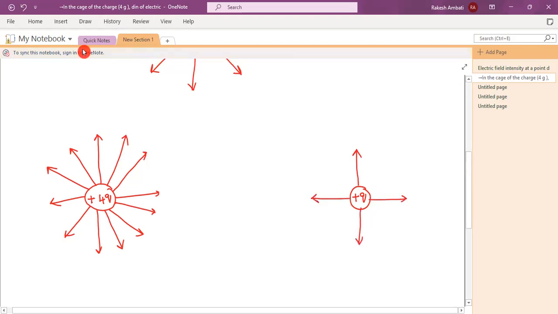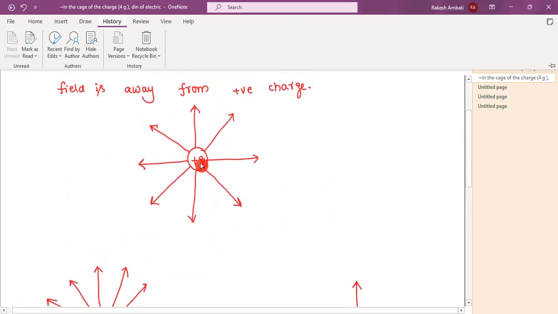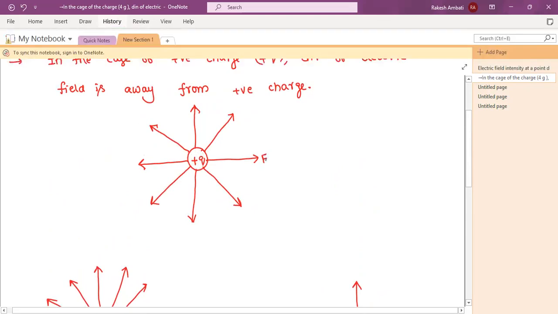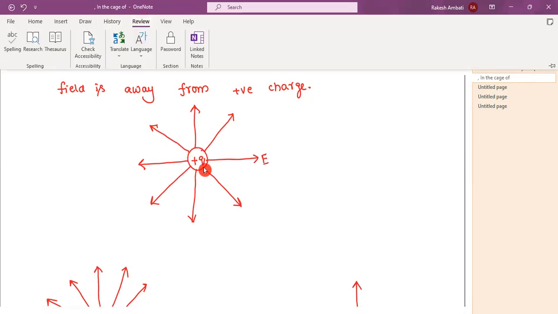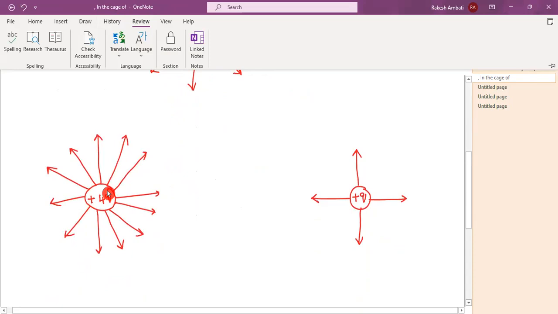In the case of positive charge, the electric field is away from the positive charge.